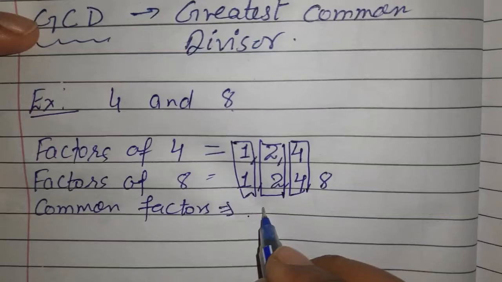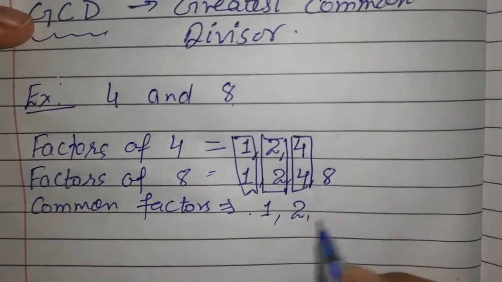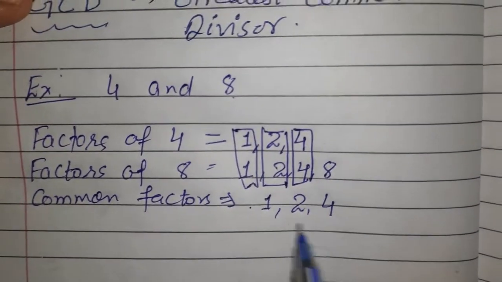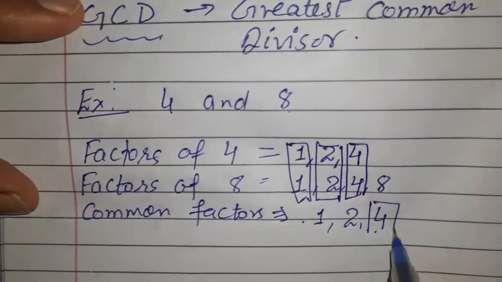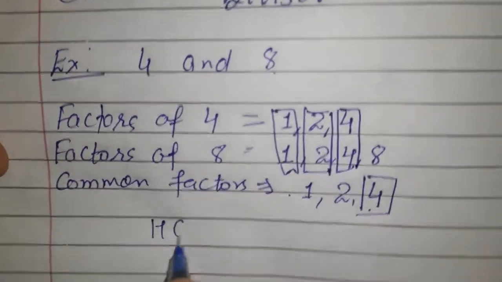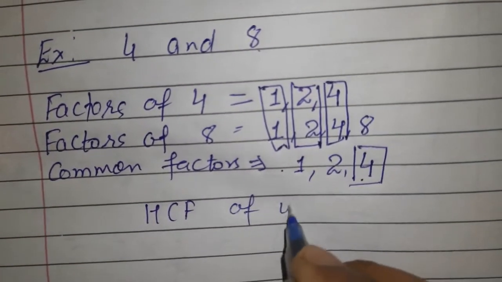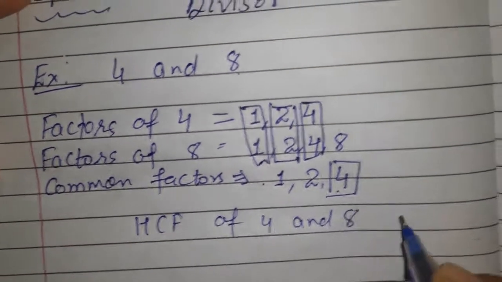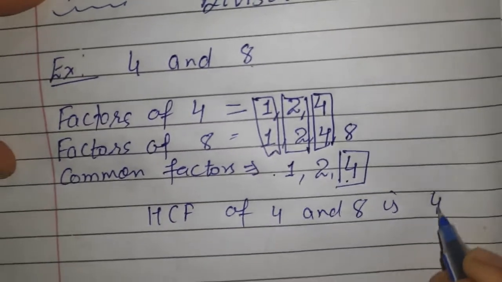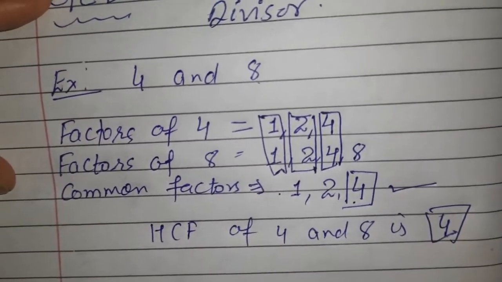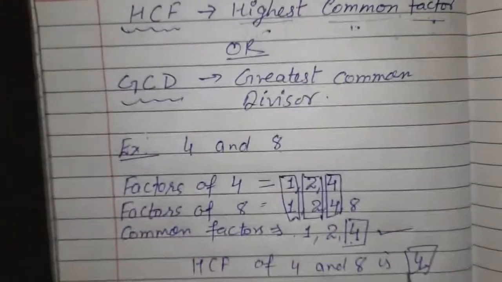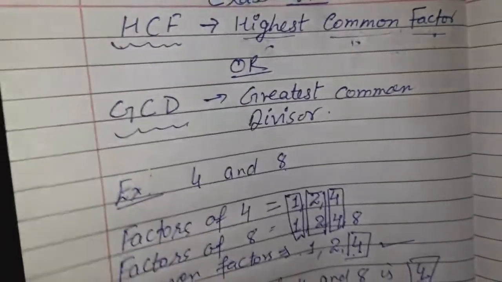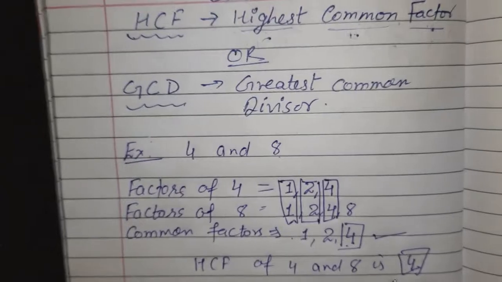So common factors are 1, 2, 4. Which one is the greatest? 4 is the greatest. So we say that the HCF of 4 and 8 is 4. This is your answer. This is the greatest factor, that's why it is called HCF, highest common factor.